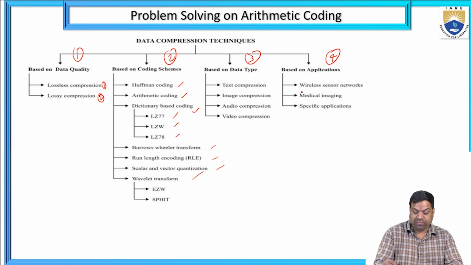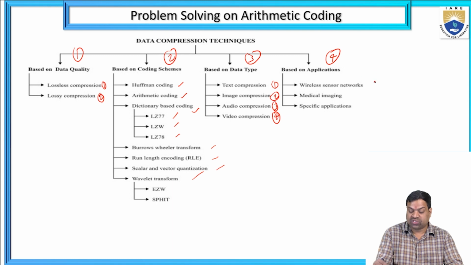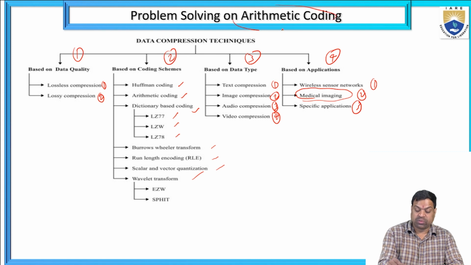Based on data type: text compression, image compression, audio compression, video compression. Based on applications: wireless sensor networks, medical images, and specific applications. So majorly we are using medical images like this. And today we are discussing arithmetic coding.